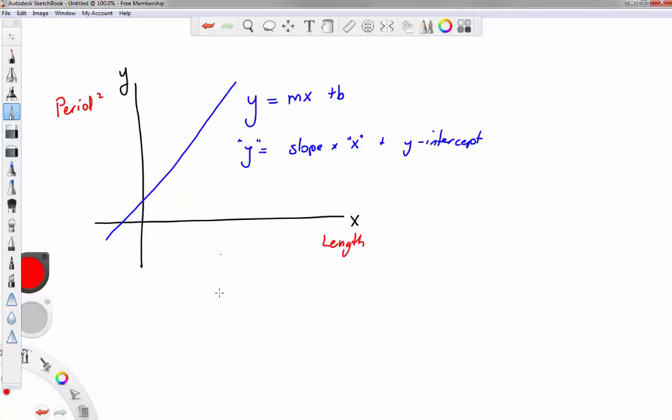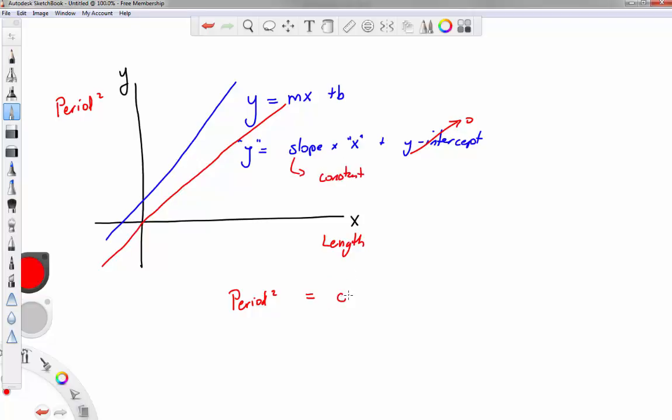So the equation that you have at this point, and by the way, if you look on the actual line that I made, this right here actually goes through the point 0, 0. So that means that the y-intercept is 0. So this one has an equation of the form period squared equals slope, which if it is a line, then the slope is constant.